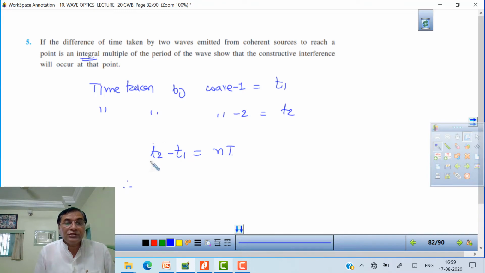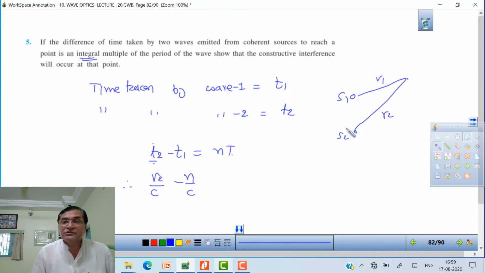So t2 is equal to what? Distance upon velocity minus distance upon velocity, because velocity is the same for both and distance is different. So this is source 1, source 2, this is the position. This is r2, this is r1.